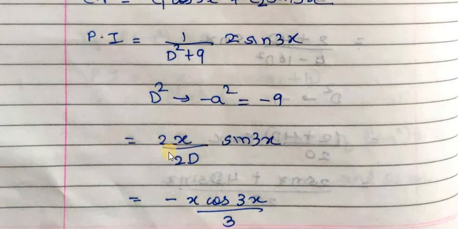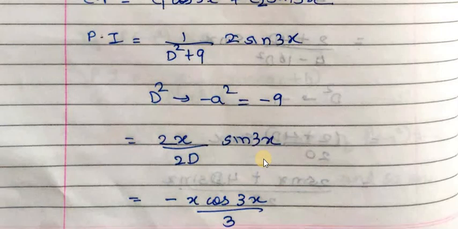Now we can see that this 2 and 2 will cancel out. So we have x into 1 over D sin 3x. Now all of you know that D means derivative. So what will be 1 upon D?